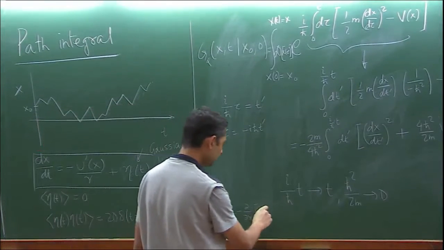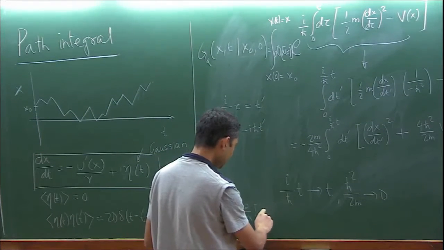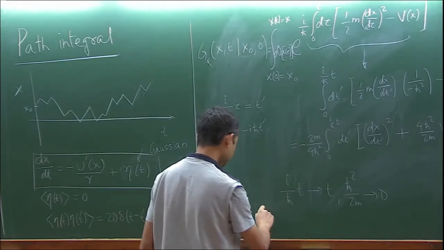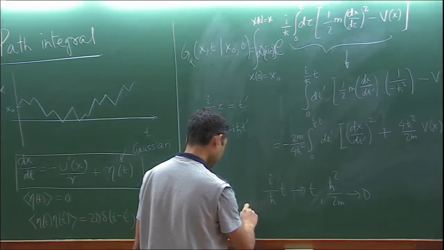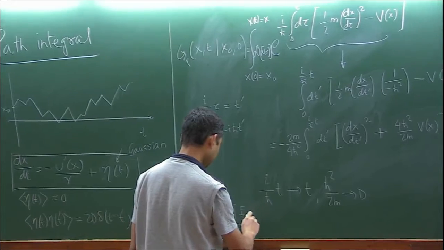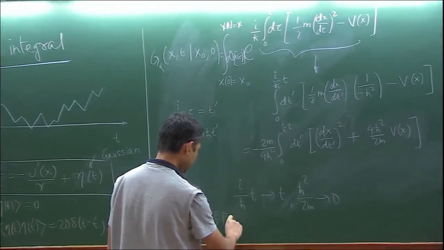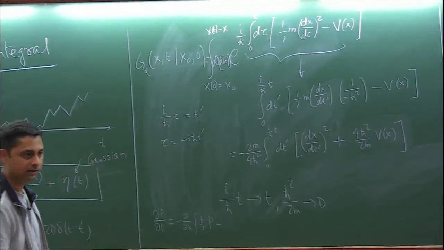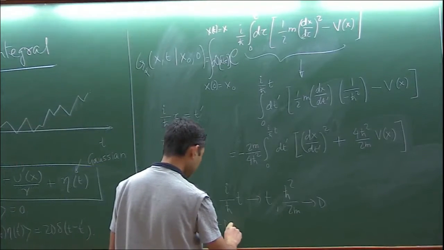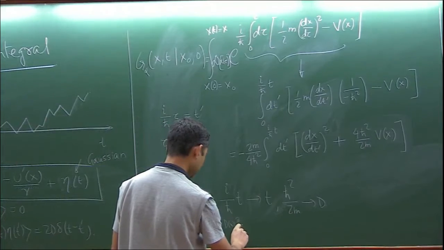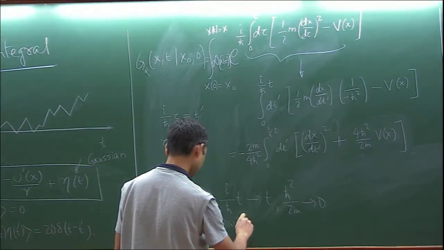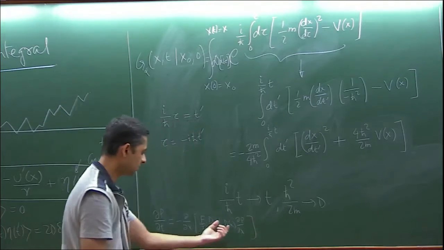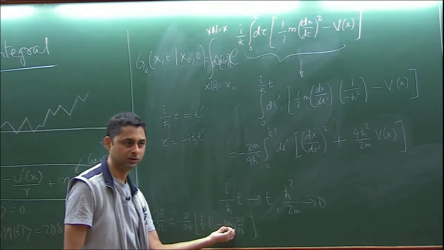The current has your force term, which is F by gamma times P, then your diffusive current, D of x del x of P. So this diffusion coefficient comes somewhere in between.